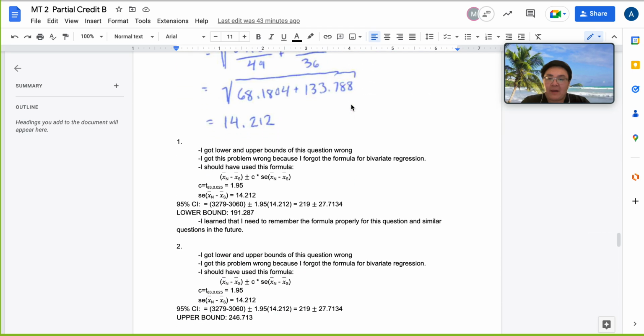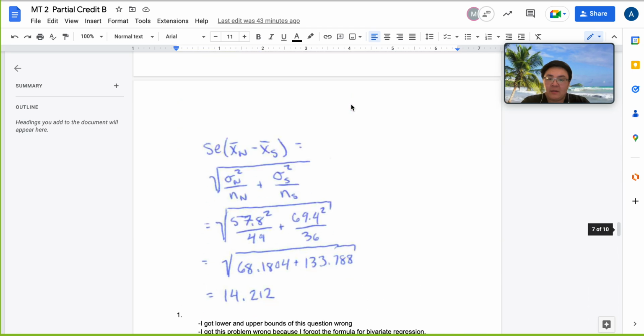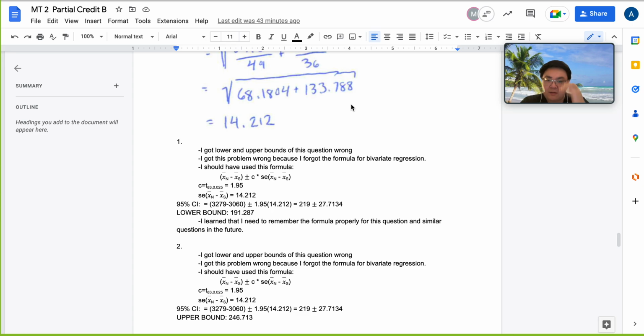So the lower bound should be, to find the confidence interval, first we have to use the formula: the mean of non-smokers minus the mean of smokers plus or minus the critical value times the standard error of the mean of non-smokers minus the mean of smokers. First thing we should find is the standard error.